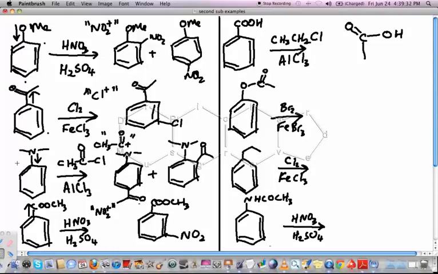Alright, so if that's the case, then what we're looking at is a delta minus on the O and a delta plus on the C, and that's the bond directly connected to the ring, so we know that this is going to end up being deactivating, so electrons will be pulled out of the ring.